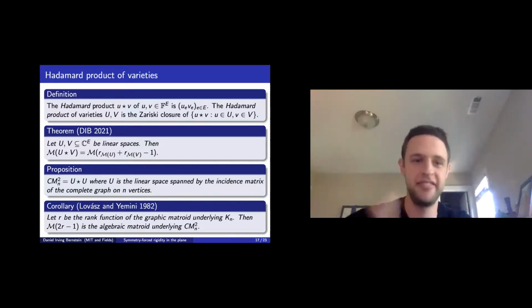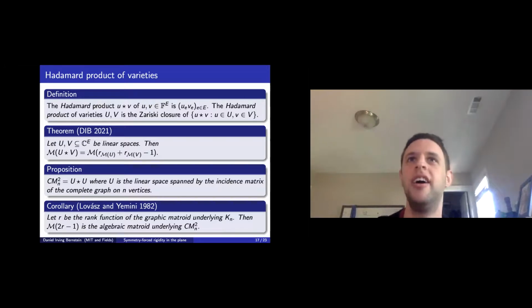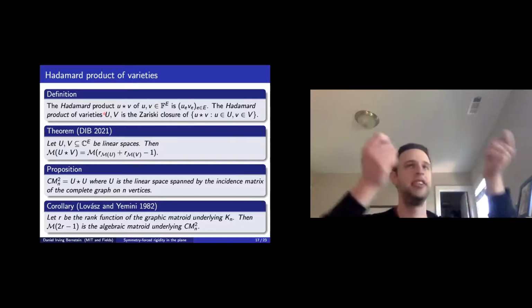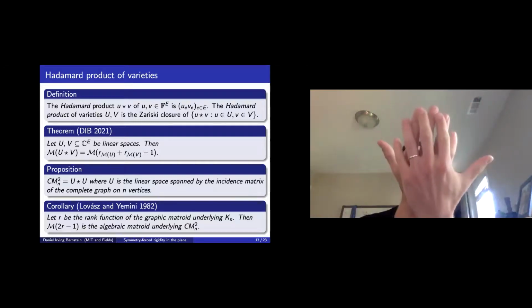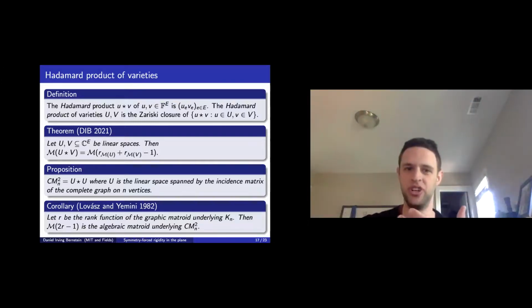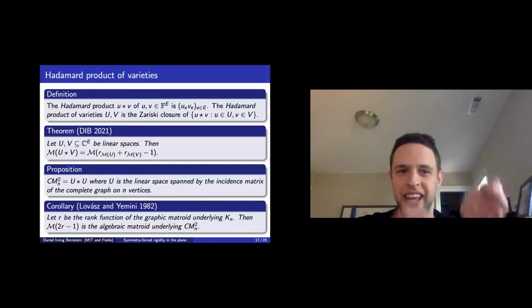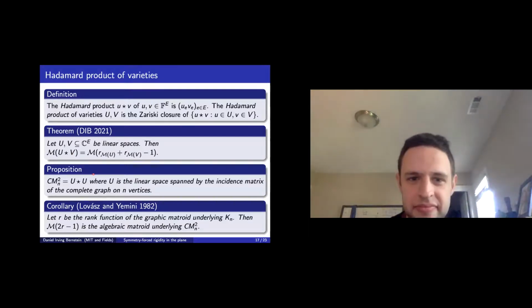The Hadamard product of 2 varieties is what you get when you take a pair of points from each of your 2 varieties, take their Hadamard product, and take the Zariski closure of the set you get. Another way to think about it is it's like a Minkowski sum, except instead of taking sums, you're taking products, and then Zariski closure.